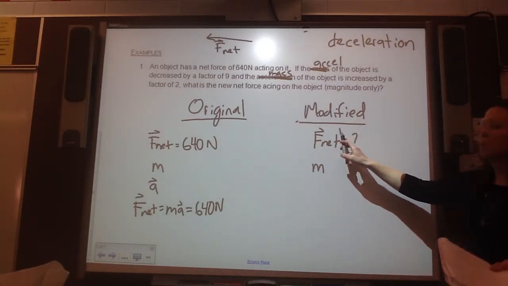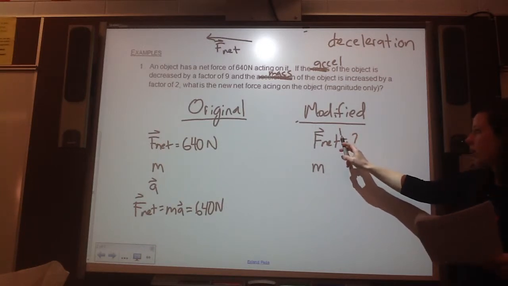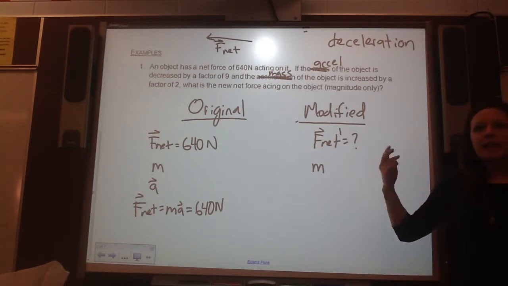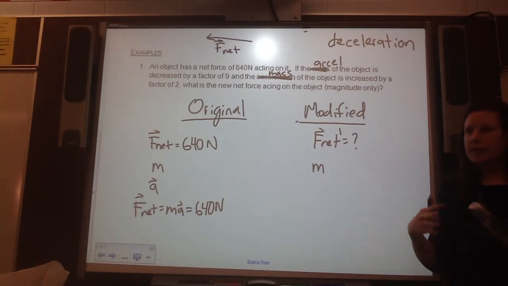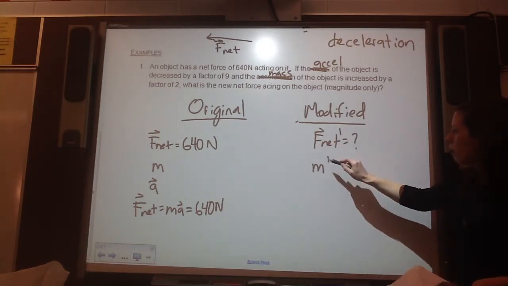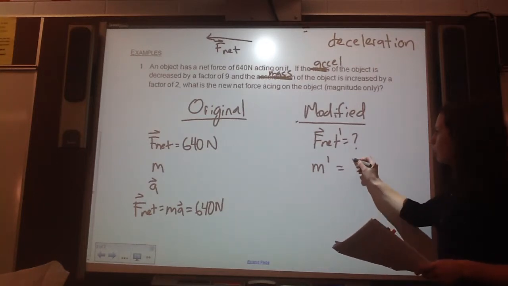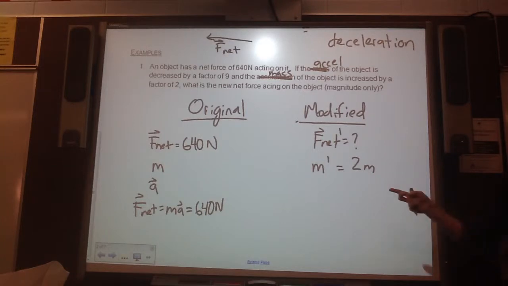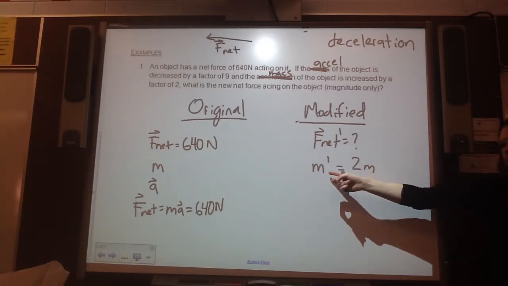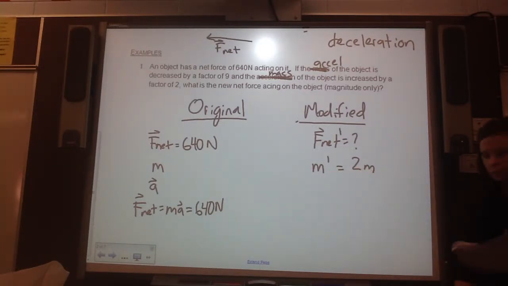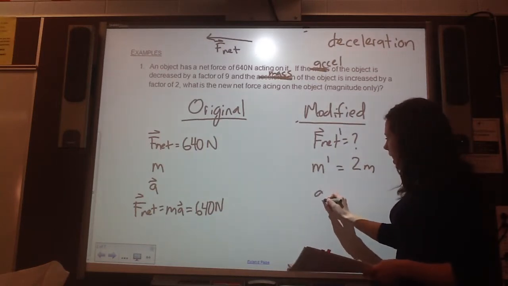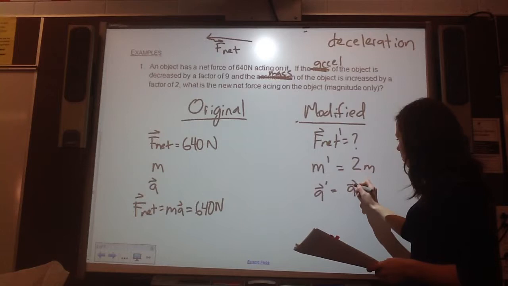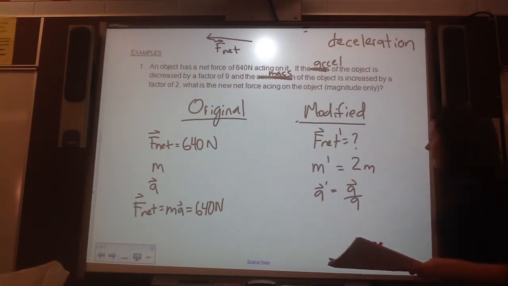We call that prime. So m prime is equal to 2 times m because we increased the mass by a factor of 2. This was our original m, and m prime is 2 times our original. So a prime is equal to a divided by 9.